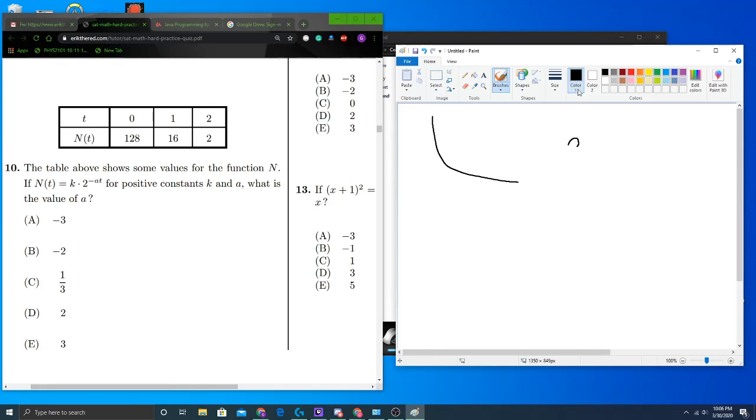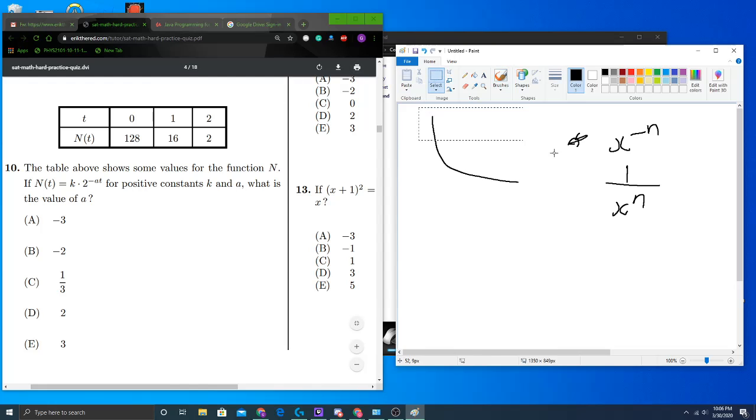You're going to start having a graph that looks like this, because whenever you raise something to a negative exponent, let's say it's x to the negative n, it's really just 1 over x to the n. So you're going to have this fraction that's exponentially increasing over here. As a result, you get this exponential decay, and you can see it from here: 128, 16, 2. It's getting smaller, but not at a constant rate. It's getting smaller at an exponential rate.